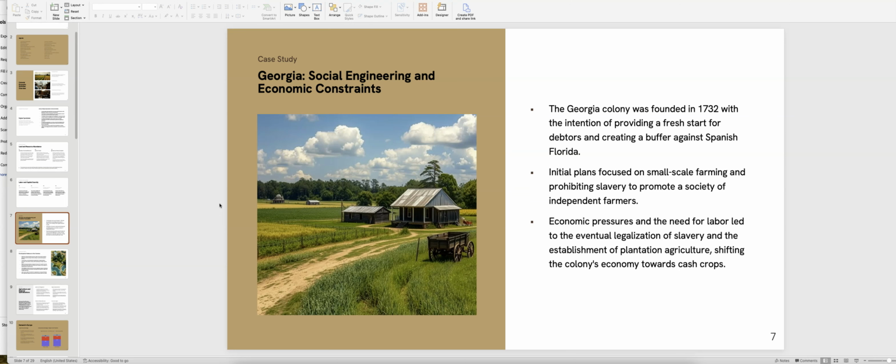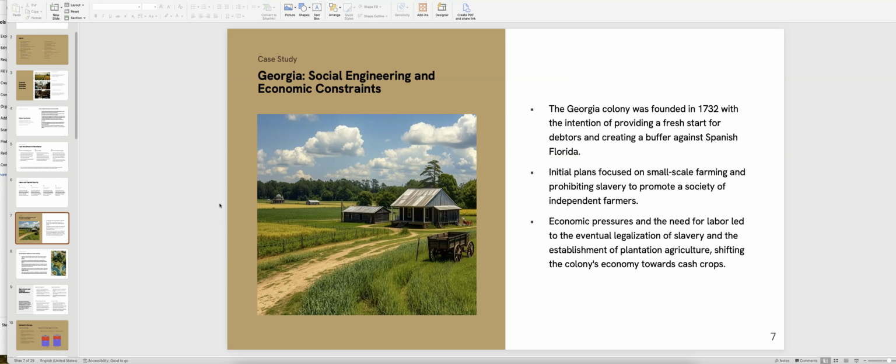The textbook does provide a case study on Georgia, obviously a southern colony. It was the last colony to be established, and ultimately became one where prisoners were sent, because at the time we still had debtors' prisons.